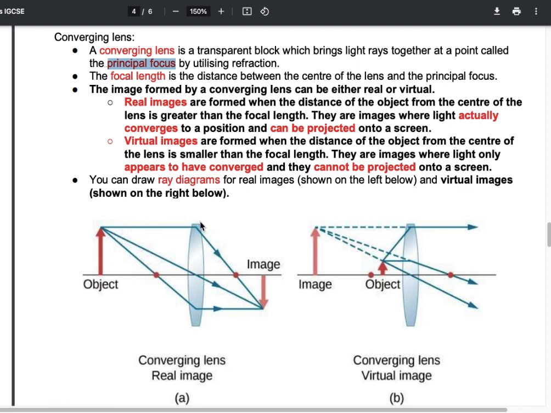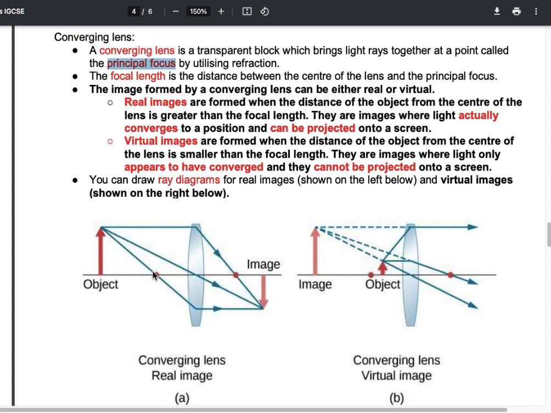Then any ray that is parallel to the principal axis from the top of the object, this green line, when the ray hits the glass, it will be refracted to pass through the principal focus on the back side of the lens.